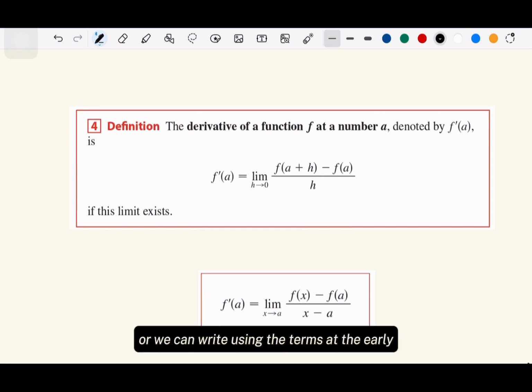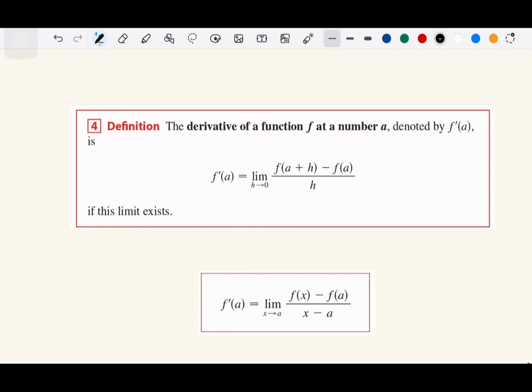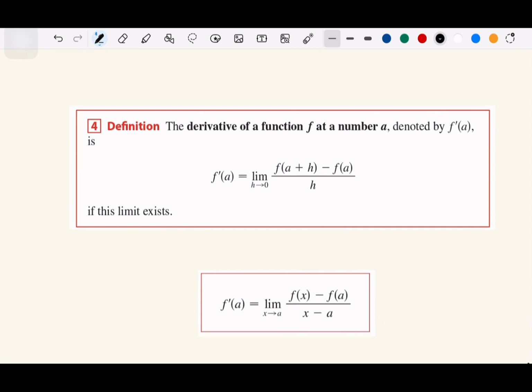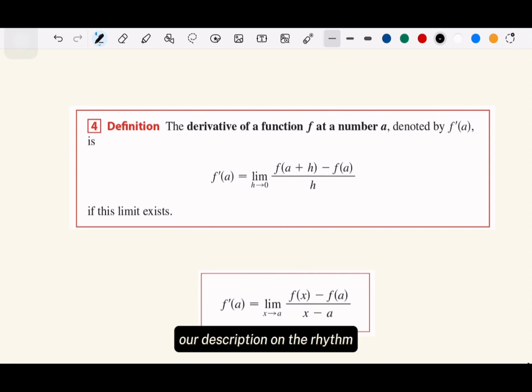Or we can write it using the terms from the earlier explanation: f(x) minus f(a) over x minus a. So basically, what we dealt with before, the slope at one point, is actually our description of the derivative, right?